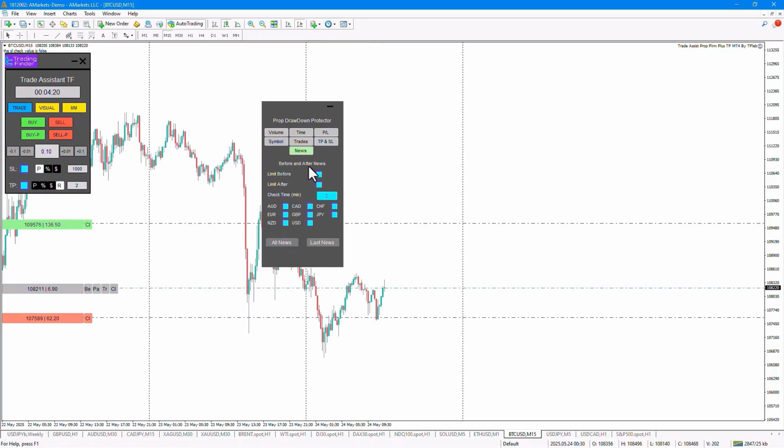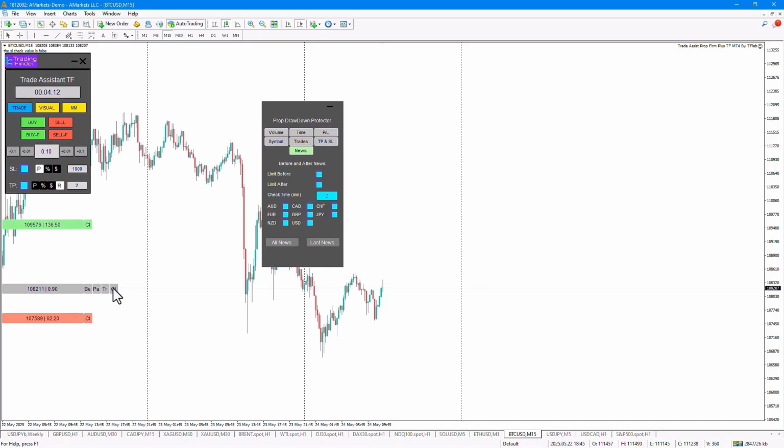The last tab is related to the news tab, where we can view high importance news in this section. The first option is related to the pre-news limit, and the second option is for the post-news limit. If we activate these two options, we can view the periods before the news is released and after the news has passed in this section.